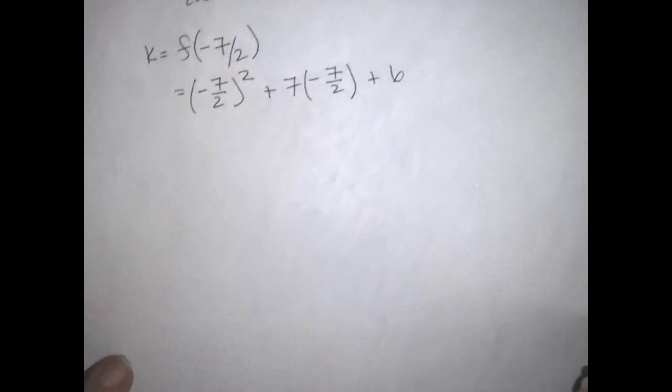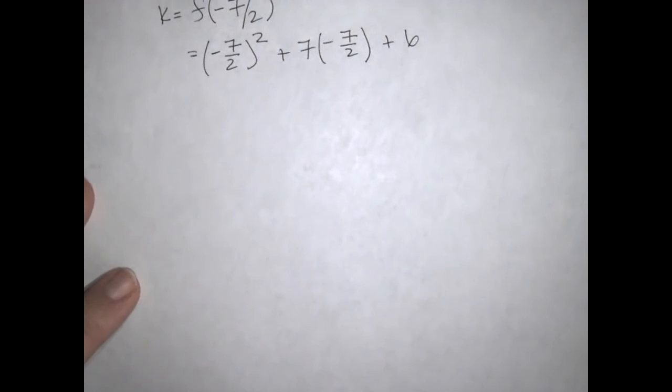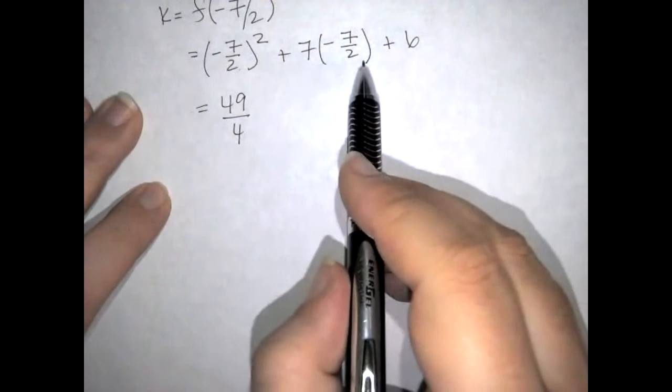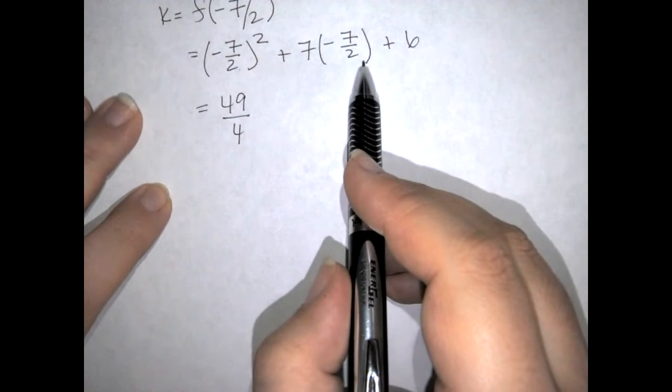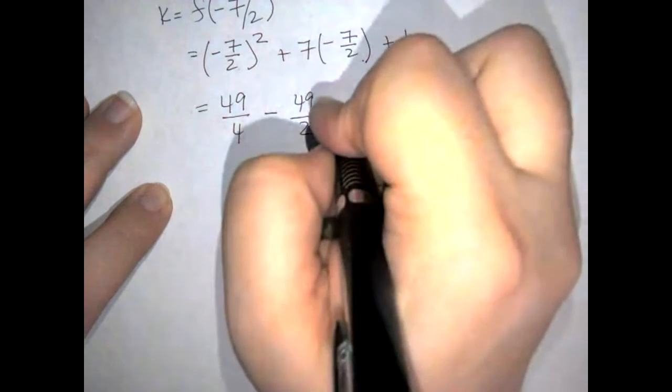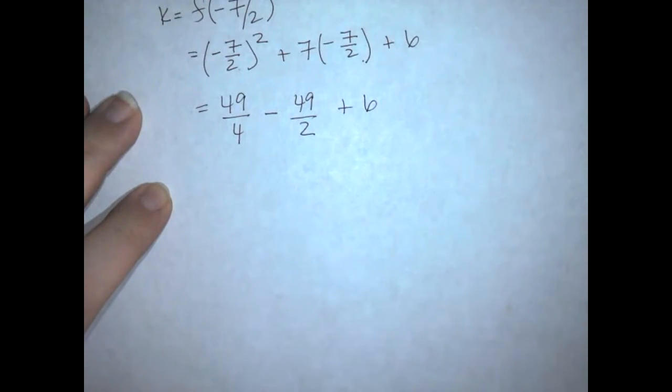So we have to work with our fraction. When we square it, remember, square the top and square the bottom, so this becomes 49 over 4. Over here, you're going to multiply straight across the top and straight across the bottom. So this here is going to become minus 49 over 2. And then here we still have the plus 6.